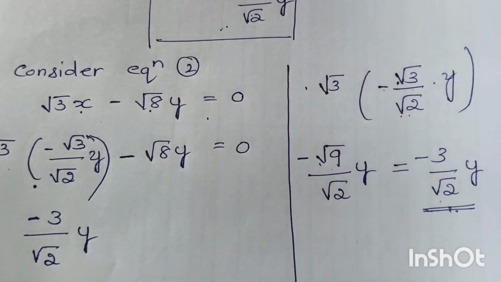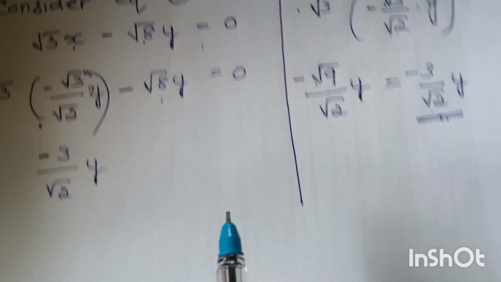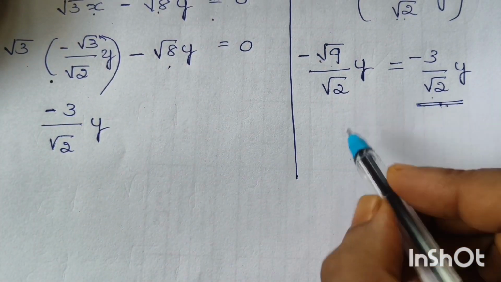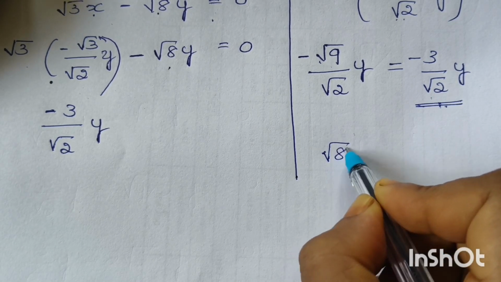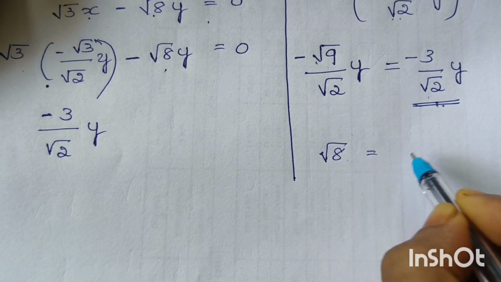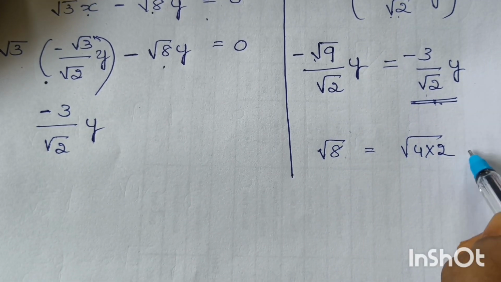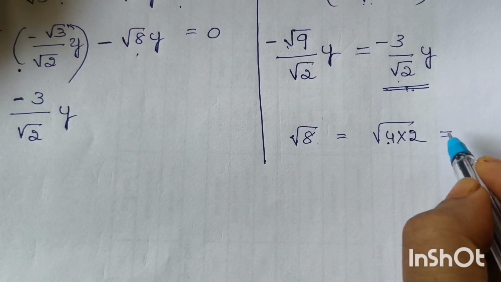Now, look at the second term, that is minus root 8y. How can it be simplified? See here, root 8 can be written as root of 4 into 2, 4 2s are 8. Root of 4 is nothing but 2.